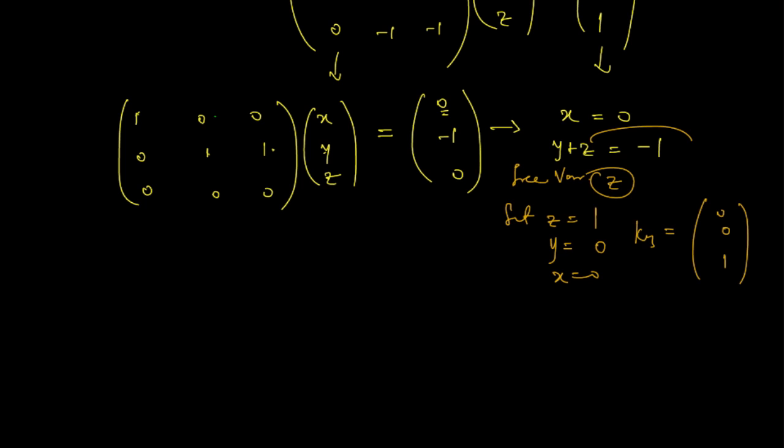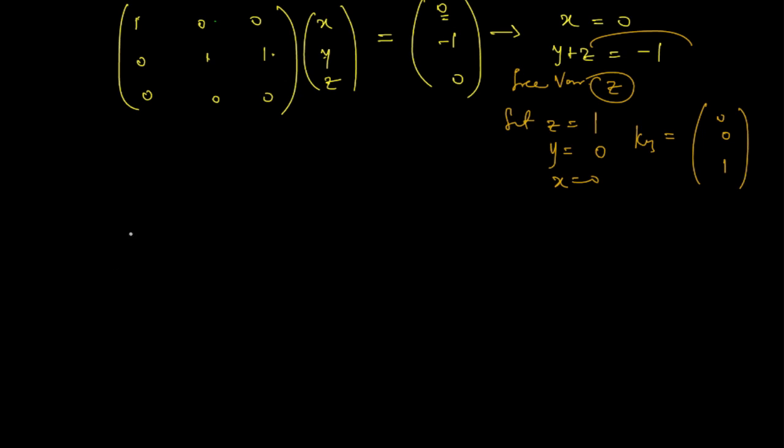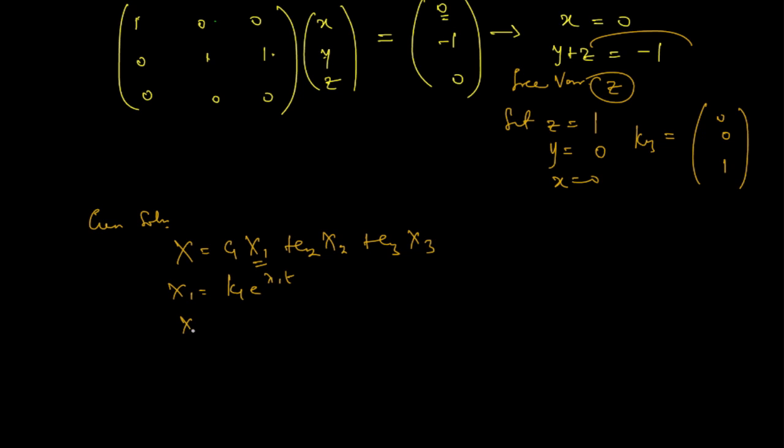And then for this case the general solution is x equals c1x1 plus c2x2 plus c3x3. Where x1 is the one we obtained before, our x1 is simply k1 e to the power lambda 1t. Our x1 is the solution that corresponds to lambda 1 equals 1. Then x2 and x3 are the solutions that correspond to the repeated eigenvalue, so their form is a little different.